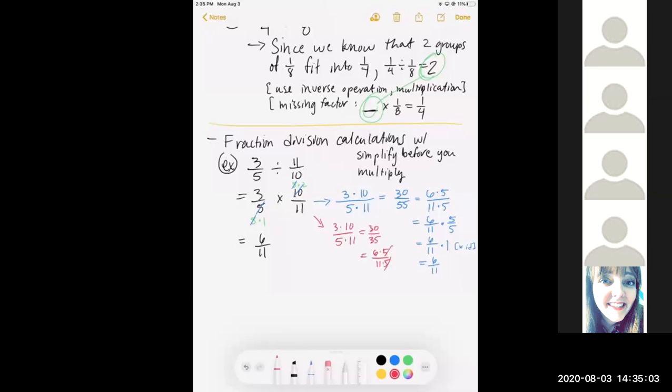So to make it a little bit shorter, let me cancel the 5s out from the beginning instead of doing that again at the end. Because I'm multiplying together, getting big numbers, and then I split them up again. You can save a lot of time by just canceling before you start. Places to look are up and down, like this. Usually that's not going to happen because usually they're simplified before you multiply.